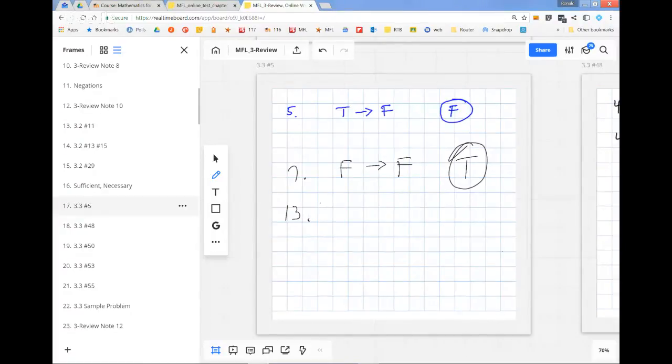So really, this is the same issue we were talking about on number 5 and number 7, because they're asking you, when is this if-then statement false? By the way, do you see that this is an if-then statement? I know there's no then there, but isn't it implied? Yeah. If you've got the time, then we've got the beer. Okay, so under what conditions is an if-then statement like that false?